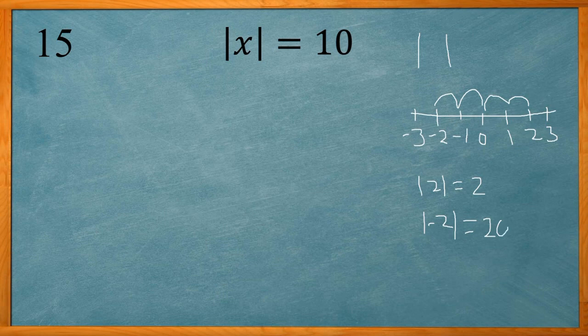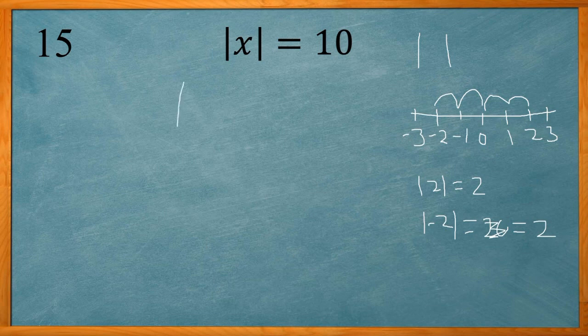So what ends up happening is you basically end up just making whatever is inside positive. So the absolute value of 2 is 2, and the absolute value of negative 2 is also 2. So here, I want to solve the absolute value of x equals 10. What values of x, when you take the absolute value of it, give you 10?